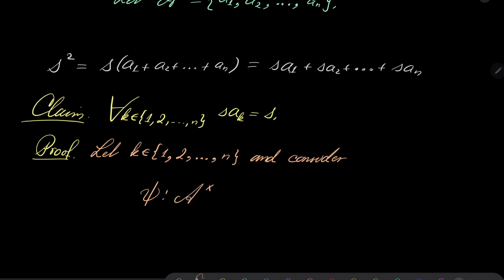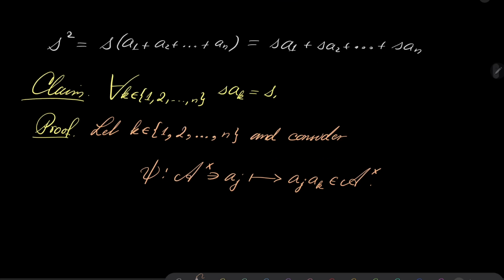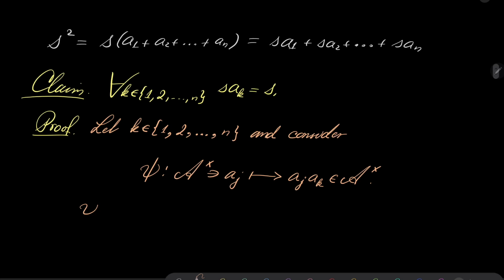Psi takes an invertible element, aj, let's say, and returns aj ak. Notice that, first of all, it's properly defined. If we multiply two invertible elements, we are once again in the set of invertible elements. And moreover, this function is injective.